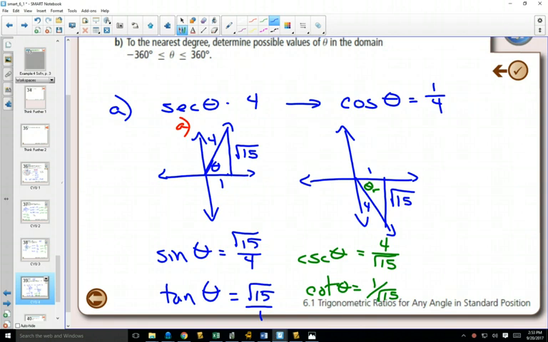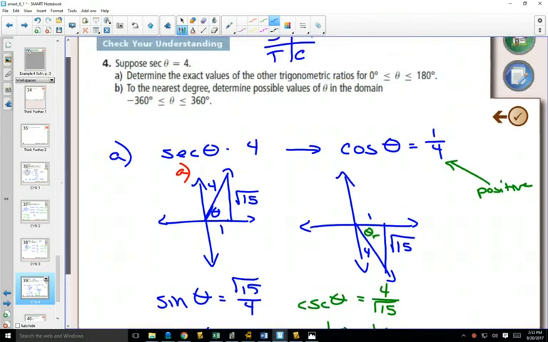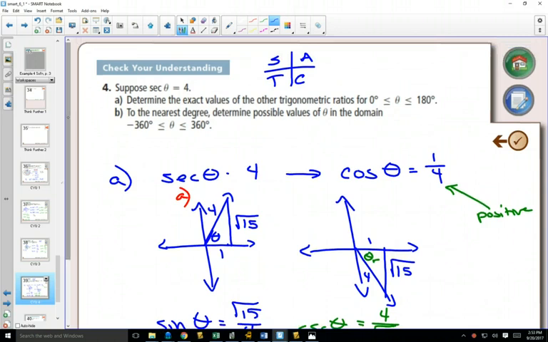I knew what quadrant it's in because cos was equal to a positive value. Cos of theta was 1/4. And then according to the CAST rule, if I'm thinking of a positive number, I know that they're all positive in quadrant 1. And cos is also the only one positive in quadrant 4.